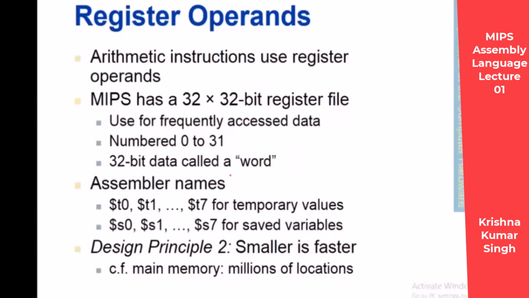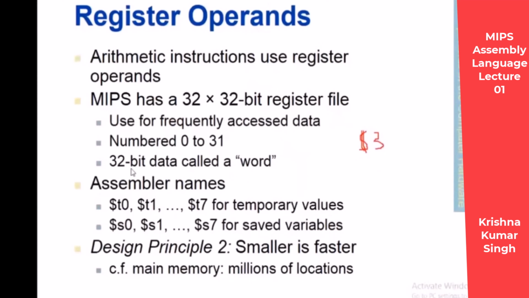To refer to them, we use a $ sign and the number of the register, for example $3, when you want to use it as an operand. In assembly we call 32-bit data a word, so the size of each register is one word.